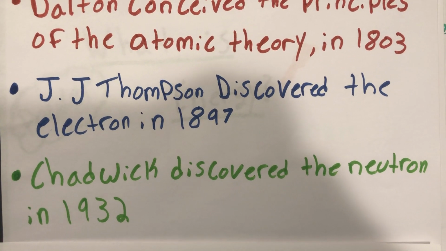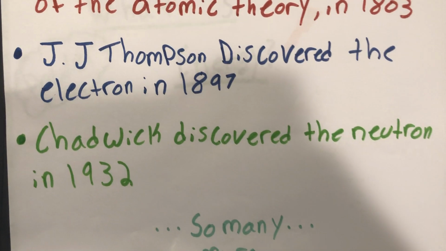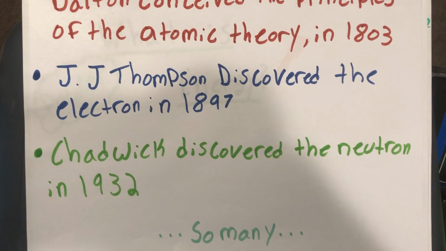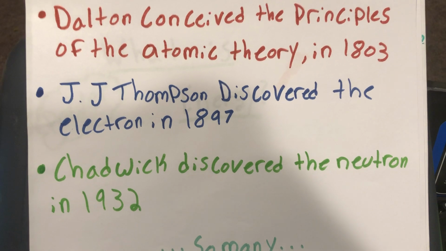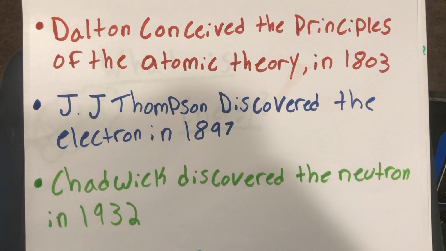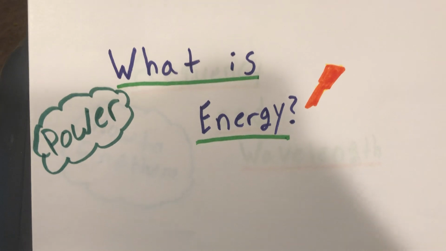And finally, Chadwick when he discovered the neutron in 1932. There are so many more times in history that we could talk about, but these are three of the biggest, because these really helped us to determine what an atom is, what it's made up of, and how it stays stable. So now we're going to go right into what is energy.